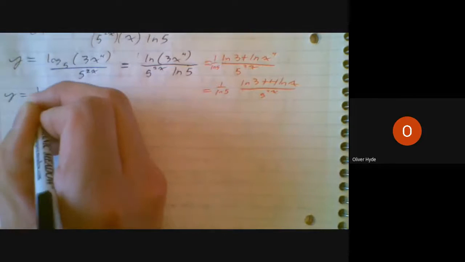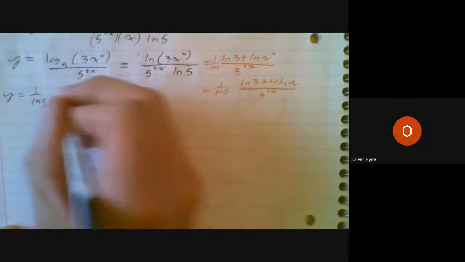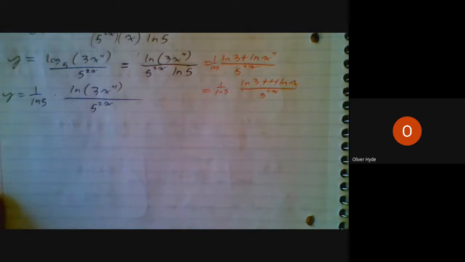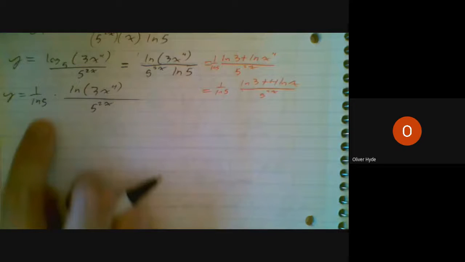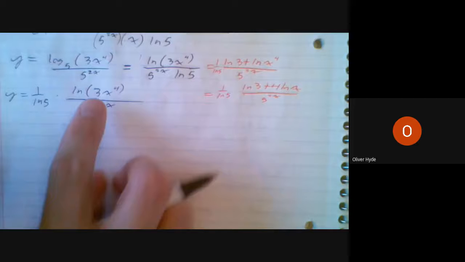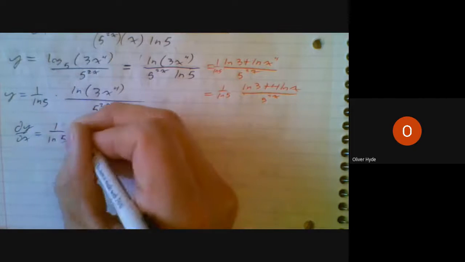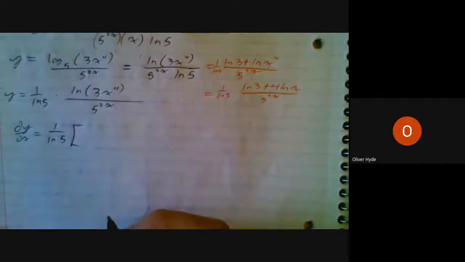Let's just tidy this up to the format from which I will be taking the derivative. And that is a constant multiple of the natural logarithm of 3x to the exponent 4 divided by 5 to the exponent 2x. So still using a quotient rule, but I've got a common factor out of the way, and I don't have any general logarithms to deal with. dy by dx is going to be a constant multiple of, let's do the derivative of the top.